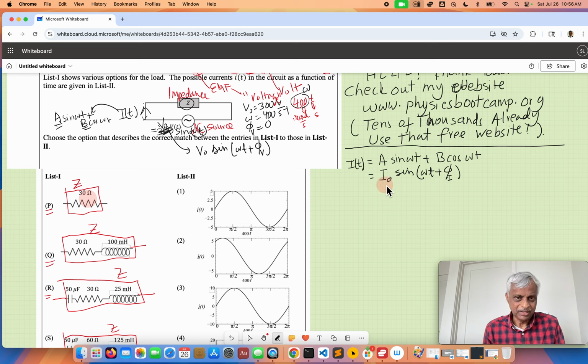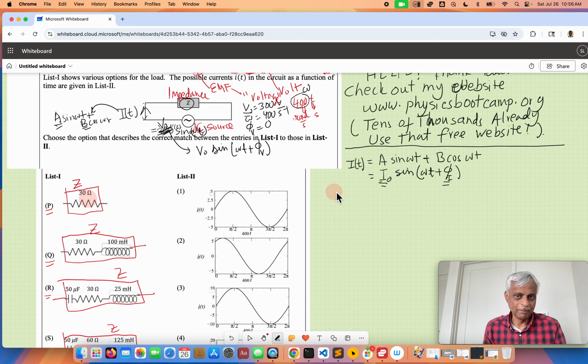And you will find that impedance relates I0 to V0 and also relates phi I. So phi I depends on impedance, I0 depends on impedance.